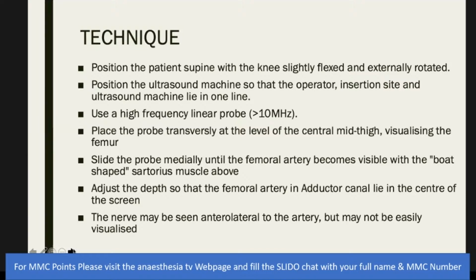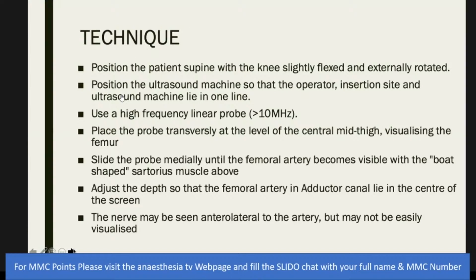Position the patient supine with the knee slightly flexed and externally rotated. Position the ultrasound machine so that the operator, insertion site, and ultrasound machine lie in one line. Use a high frequency linear probe. Place the probe transversely at the level of center mid-thigh, visualizing the femur.